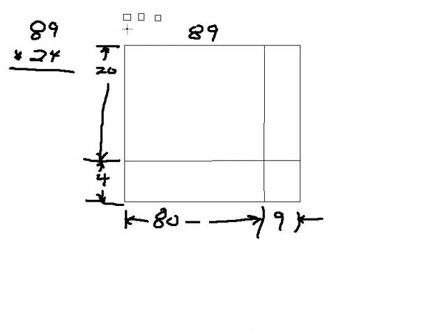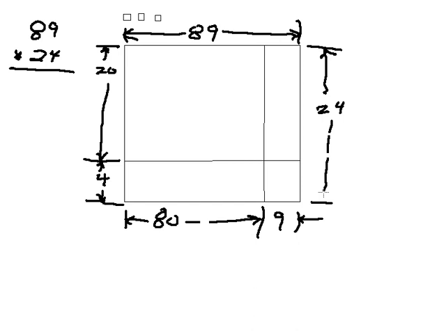So the entire length from here to here is 89. The entire length from here to here is 24. What's the area? Area of a rectangle is just the length times the width of the rectangle.